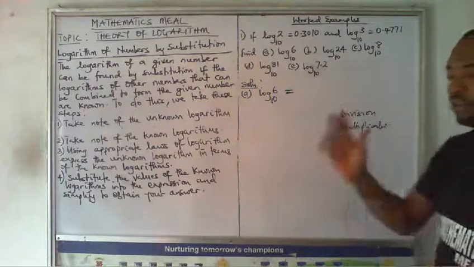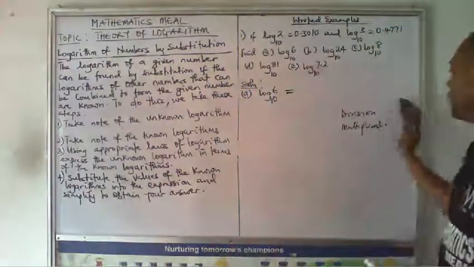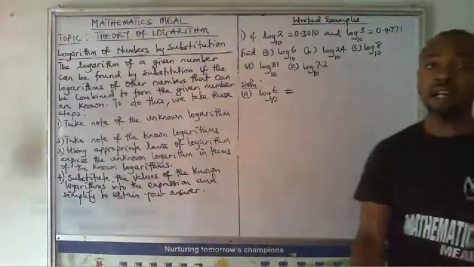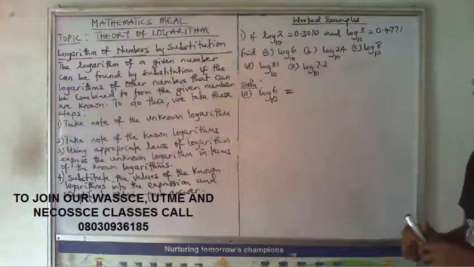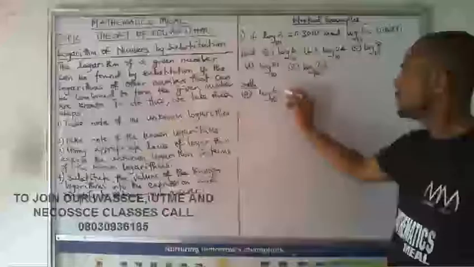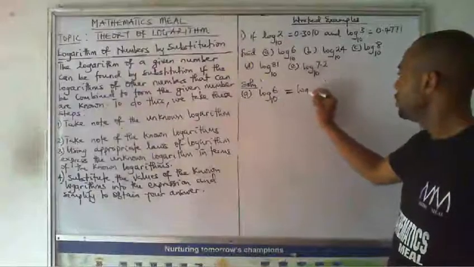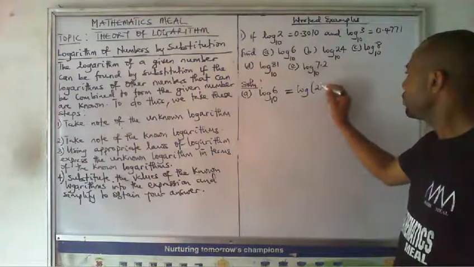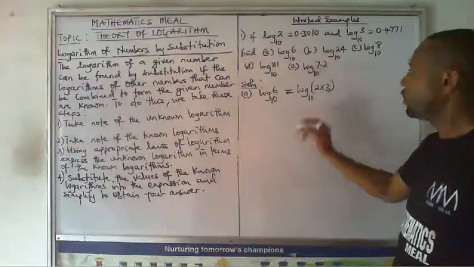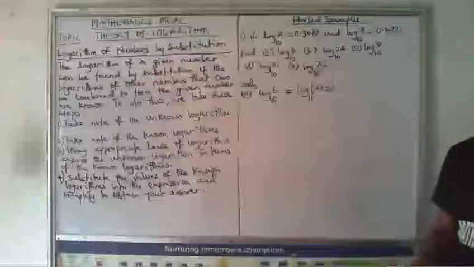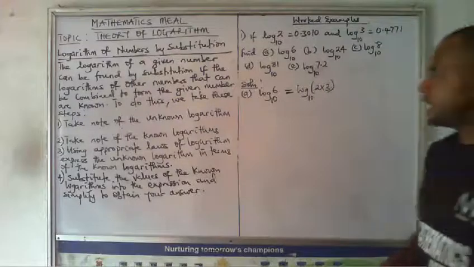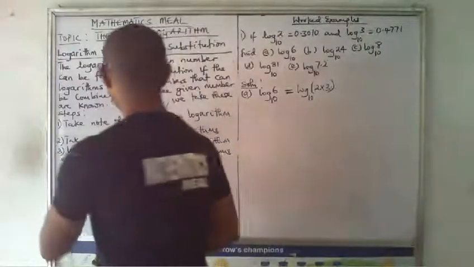Remember that we have a law in logarithm that can either combine multiple logs or reduce multiple logs to a single log. So if I express 6 in terms of 2 and 3, I'll have 2 times 3. I've not changed anything because 2 times 3 still gives me 6.